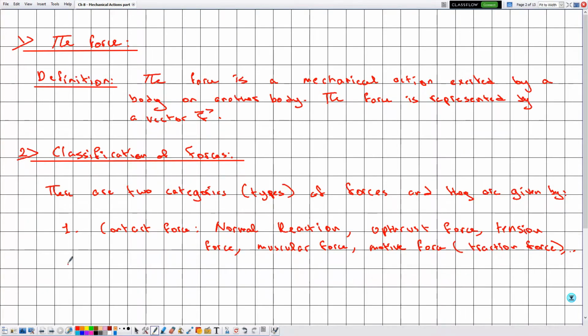Now, as for the other type of forces, it is given by the acting at a distance. And they are only given by the weight, which is the gravitational force.